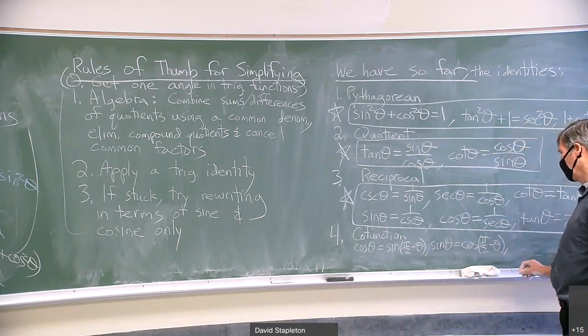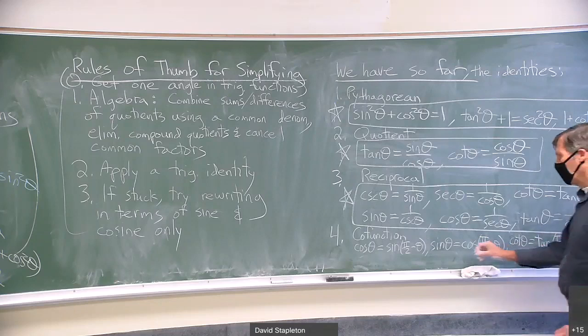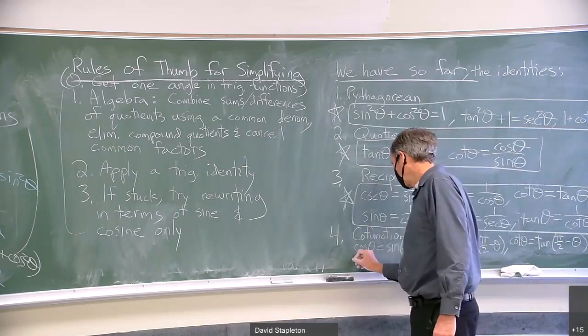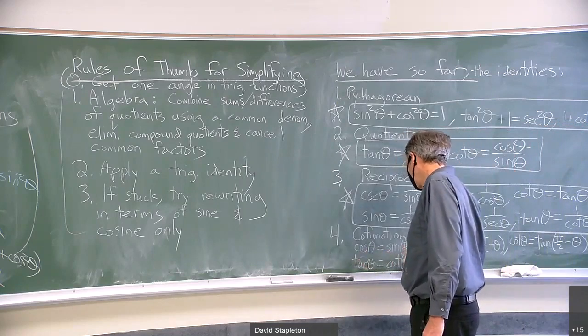Similarly, tangent and cotangent. Cotangent of theta is the cofunction of theta, so it's tangent of pi over 2 minus theta. And in the reverse, tangent of theta is cotangent of pi over 2 minus theta. So it goes both ways.